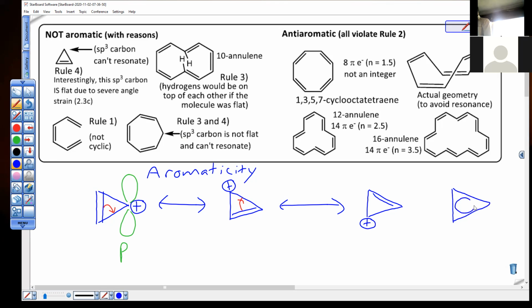Oh, I don't even like doing it. That represents the average of the 3 resonance forms. I'm going to get rid of it. I don't like it. It's got a circle in it. Doesn't mean it's wrong. It just doesn't show me enough information. So this is an aromatic cation.